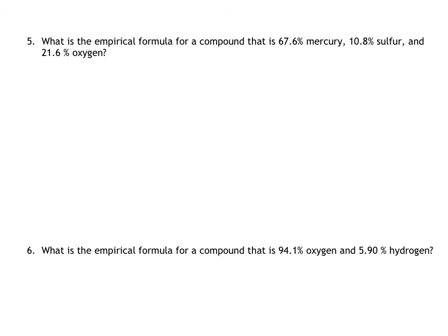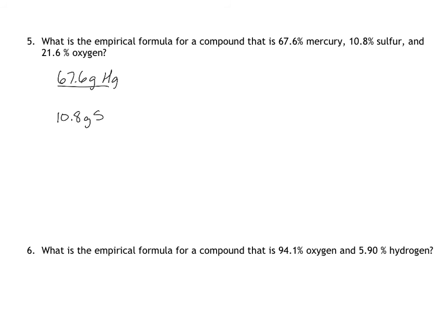So now we're going to do number 5. I'm going to do the same thing. First thing I'm going to do is turn my percents to masses. So 67.6 grams of mercury. And I've got 10.8 grams of sulfur.